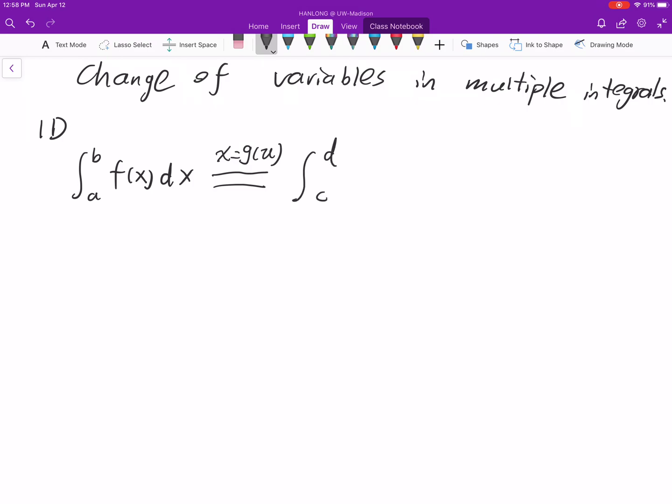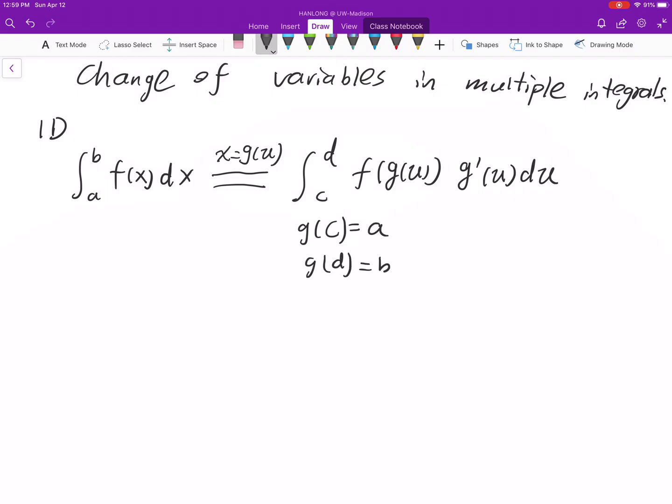You get the integration of the function f(g(u)) g'(u) du, and the domain is from c to d, where g(c) equals a and g(d) equals b. So the tricky part is you have g'(u) here as an actual factor. Otherwise, just use substitution.